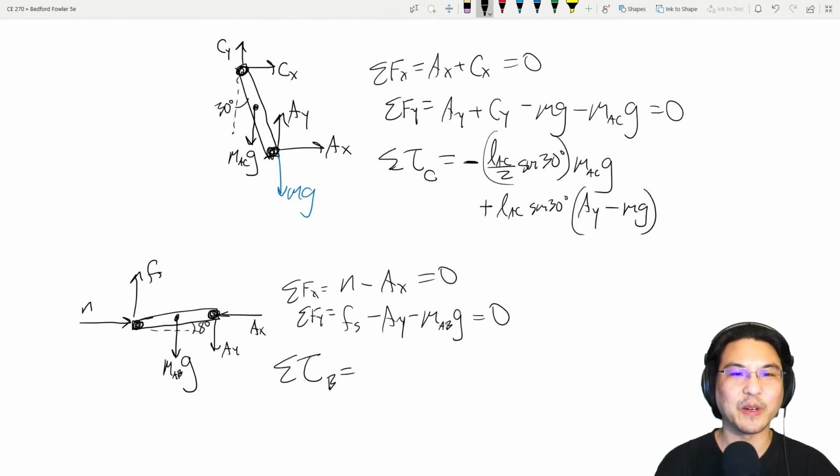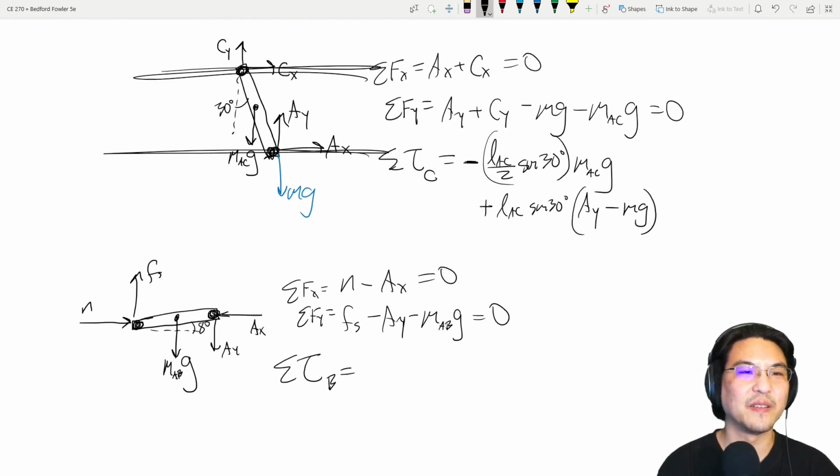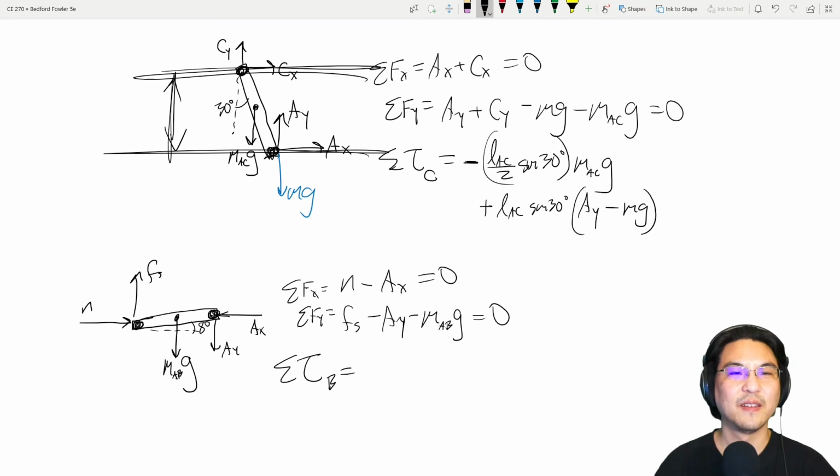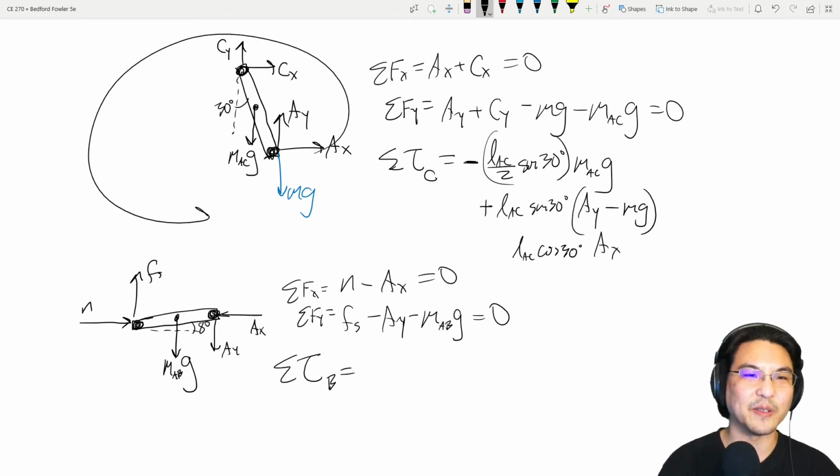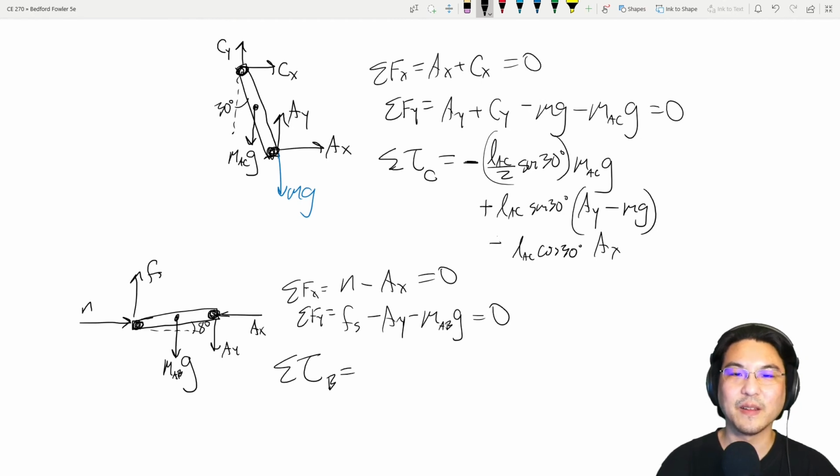Okay, now what is the torque from this force? So here to here is how far? LAC cosine 30. So LAC cosine 30 times this force, and that would create a torque this way in the positive direction.